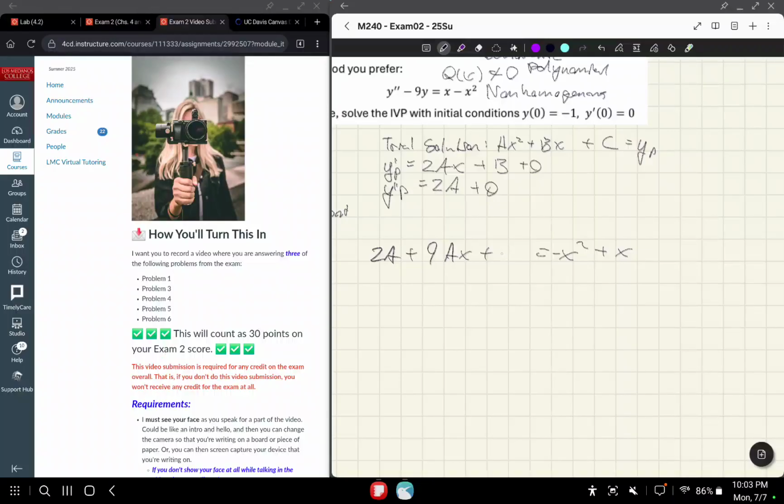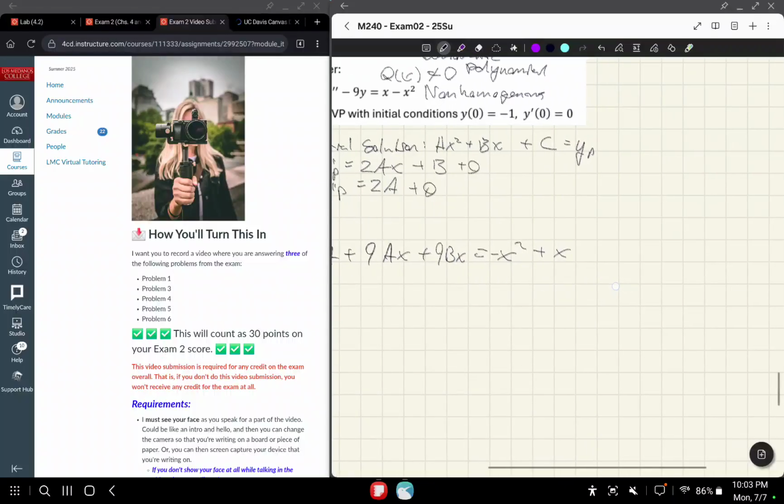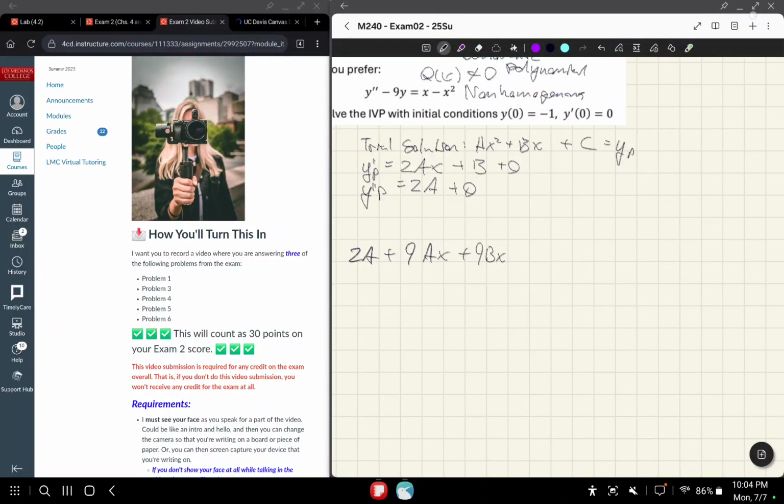So 9bx plus c equals x squared plus x, 9c, and we actually have a negative here, okay.